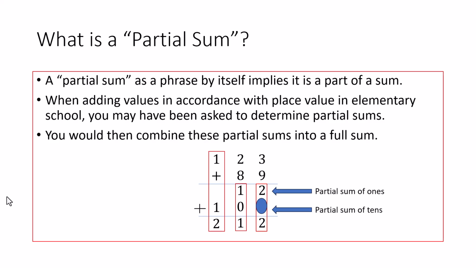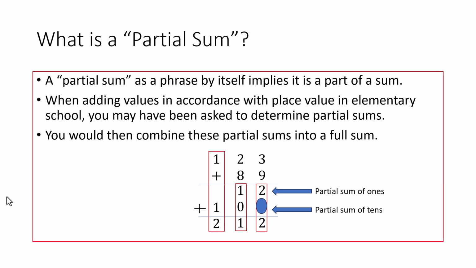Now, when I add the ones columns, 3 plus 9, I get 12, and this would be the partial sum of the ones. When I add the tens columns, which is 2 and 8, when I add those numbers together, I get 10. So I shift that sum over to start lining up with the tens column, and I have 10 placed out there.